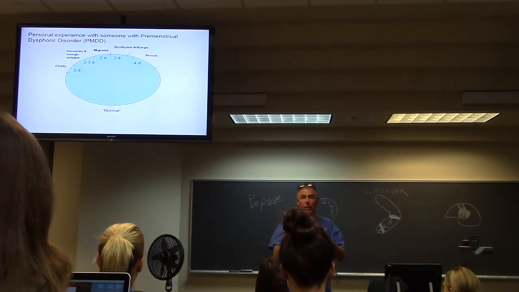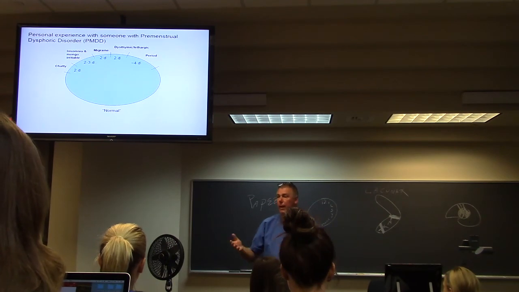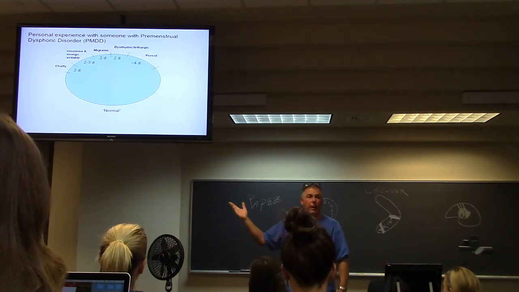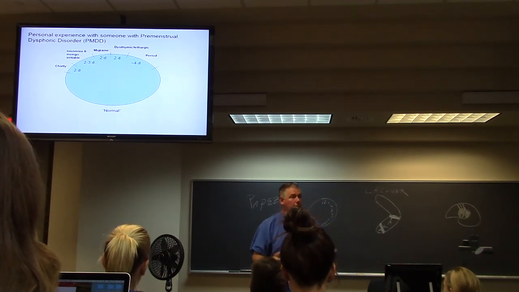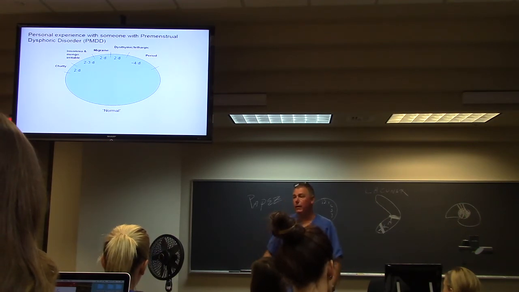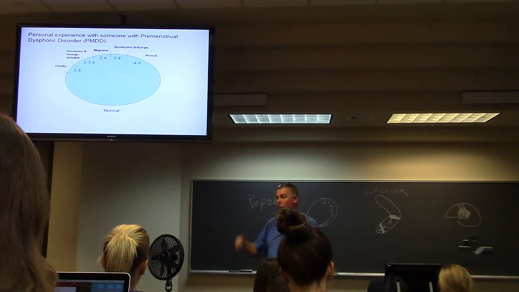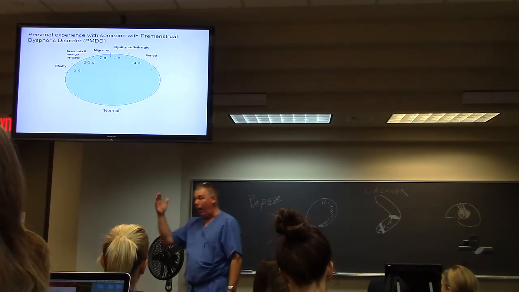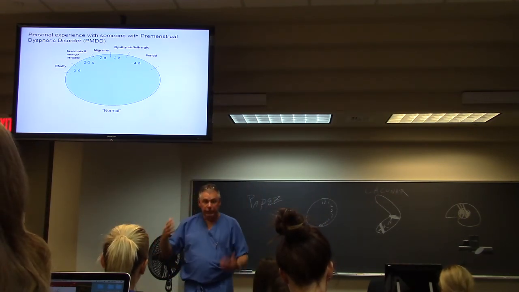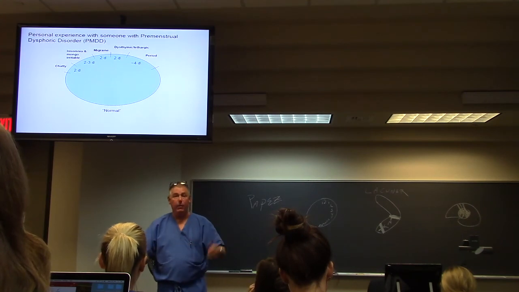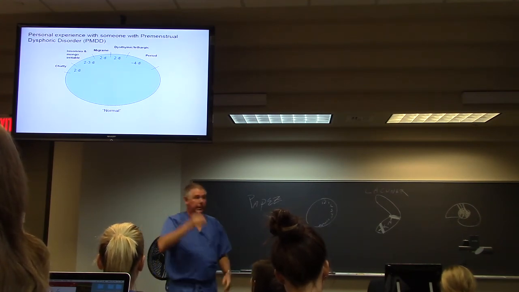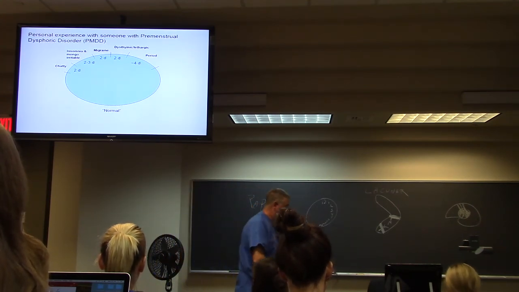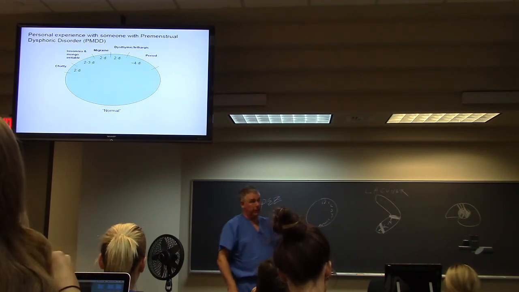There are like 14 criteria to diagnose somebody with PMDD. You will encounter patients in the clinic with PMDD. The person that I know with PMDD has all of them. She took the test and, well, yeah, all of them, because she denied she had PMDD until she took the test.